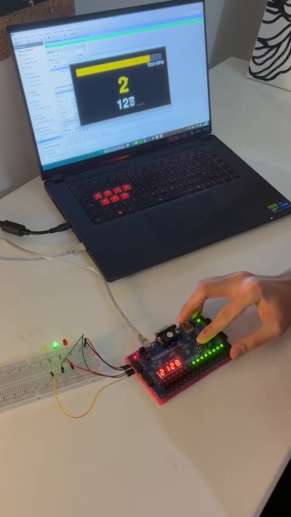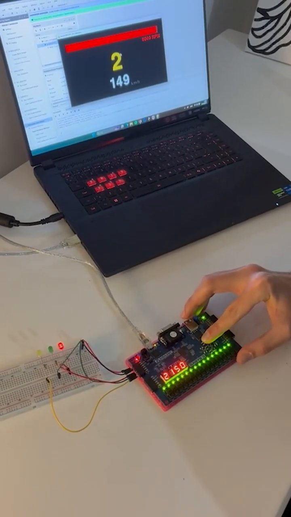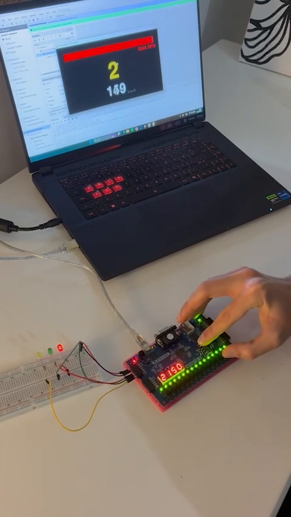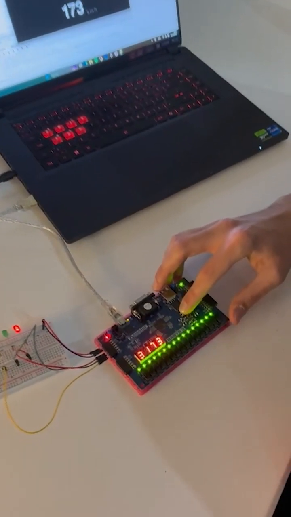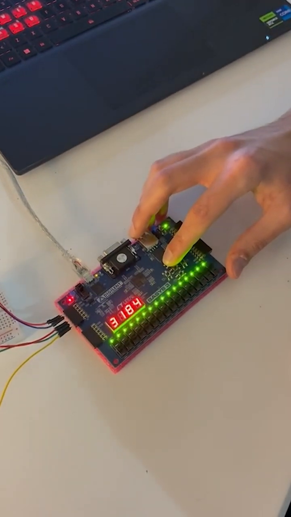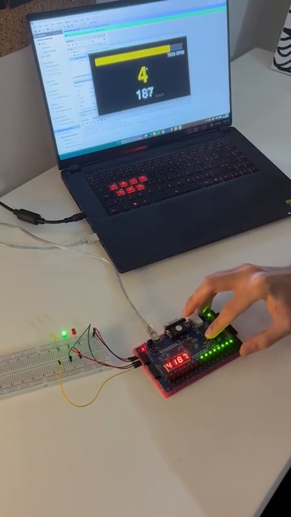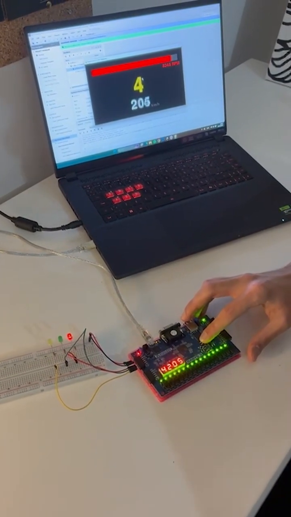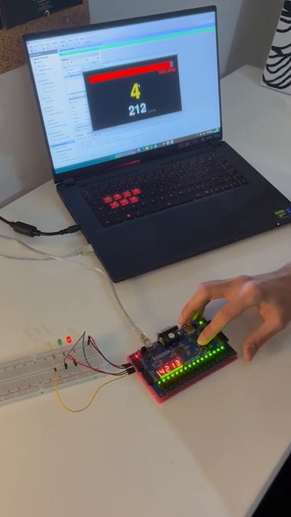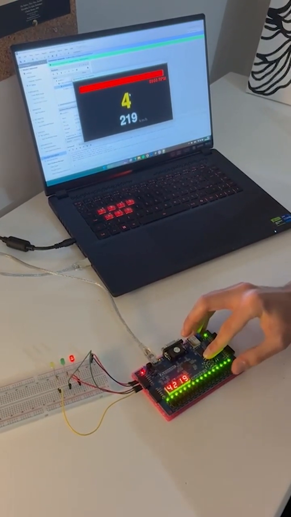It has increased to 2. Second gear has its own speed limit, and it's 150. So we switch up to third gear, and this gear also has its own speed limit, 185. We're going to head into 300 kilometers per hour, the absolute maximum speed limit of the simulation.